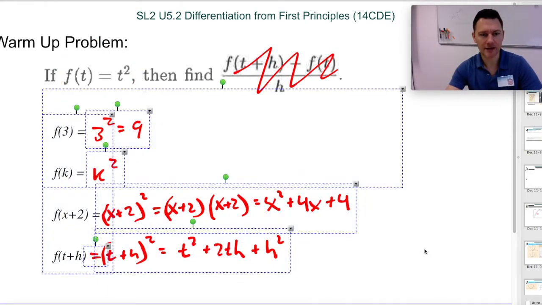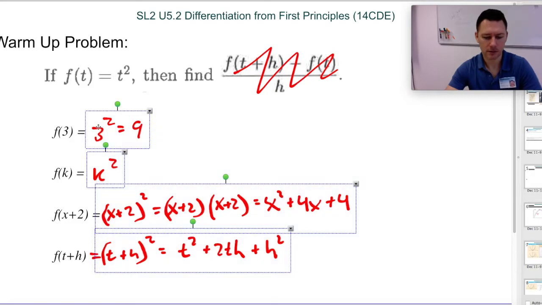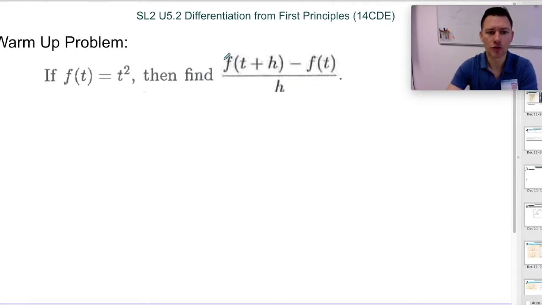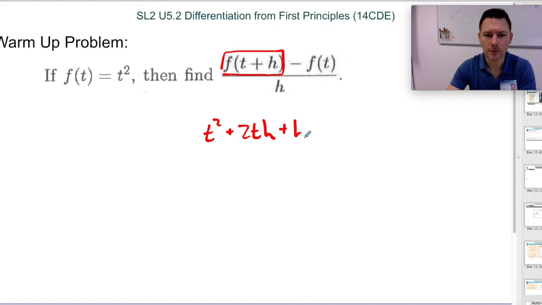So let's take that idea and run with it, and let's get rid of this piece. Let's think about this mess. This is the same thing. We're just trying to find f of t with some other pieces in it. So this f of t plus h component is really just t plus h squared, so it's t squared plus 2th plus h squared.